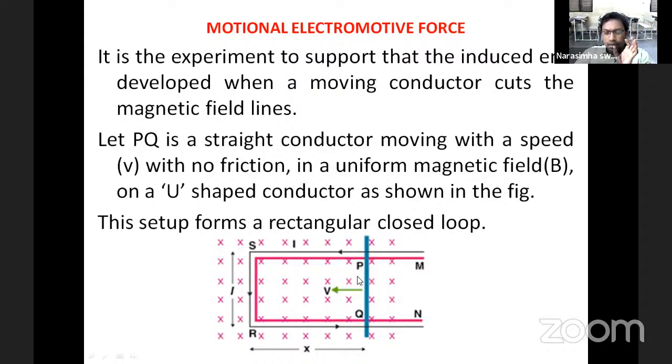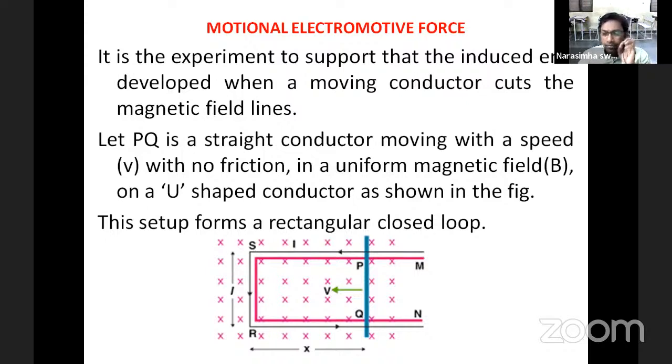Let me explain the concept, and try to understand. Here, it is magnetic flux. What is magnetic flux? We have a formula: phi is equal to integral of B dot dA. B is the magnetic field, dA is the surface area.